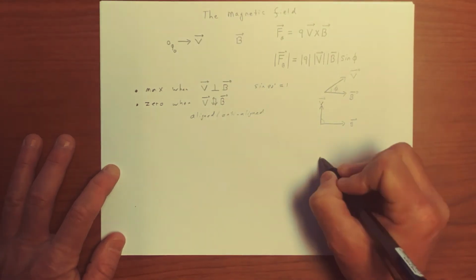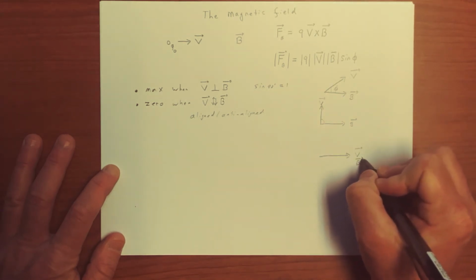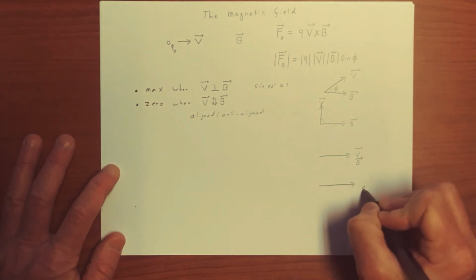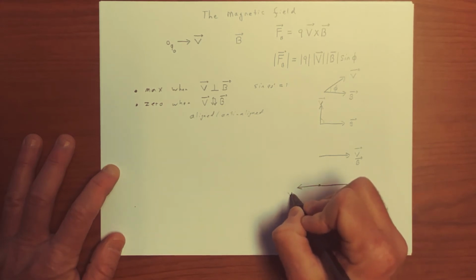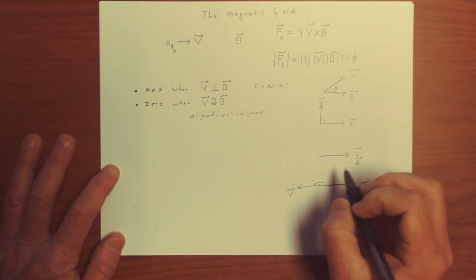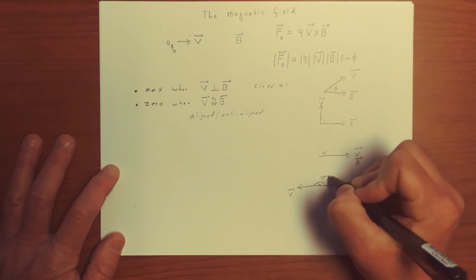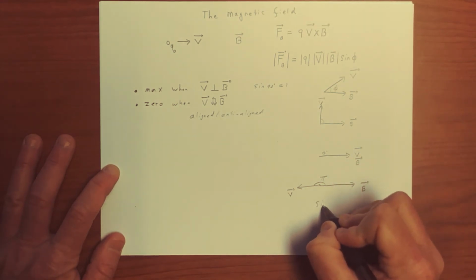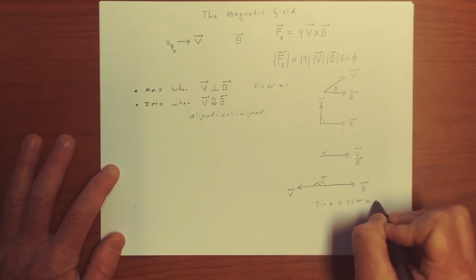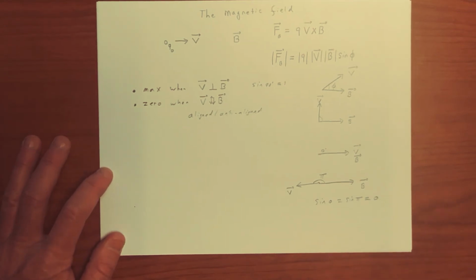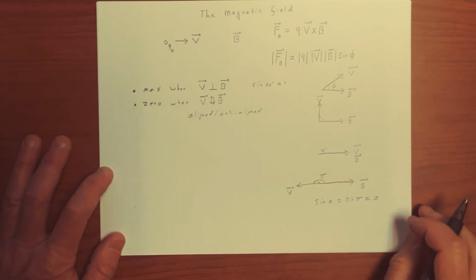The magnetic field is this way, and the velocity is also in that direction. Or the magnetic field is this way, and the velocity at that point is just opposite. Right, so this would be 180 or pi, and in this case the angle is 0. And so both the sine of 0 and the sine of pi give us 0. Okay, so we have a sense of how to get the magnitude of the magnetic force.